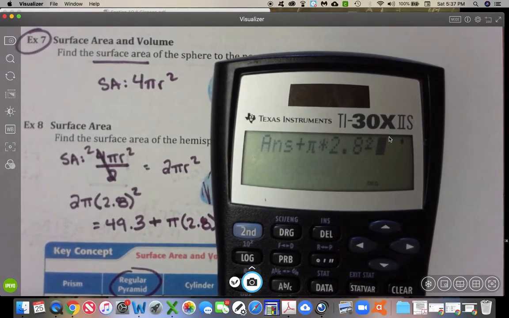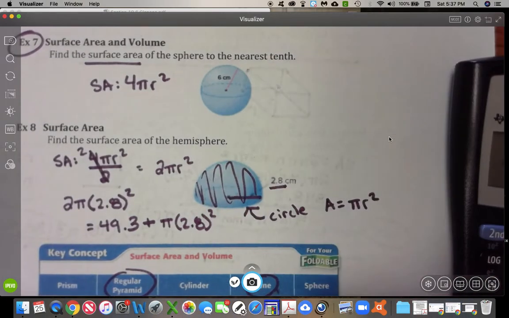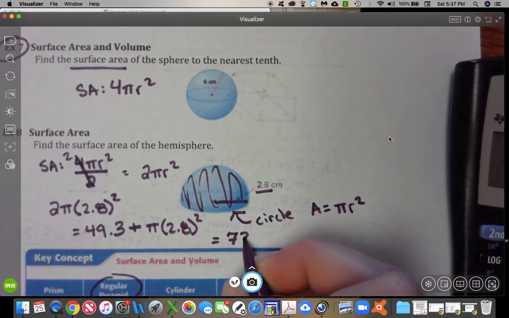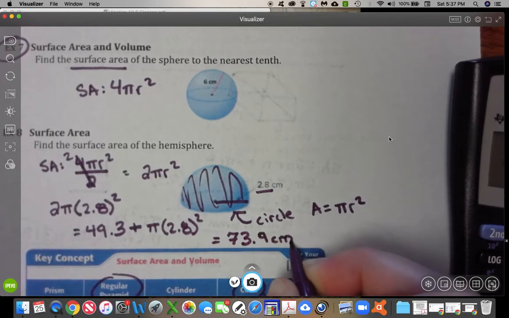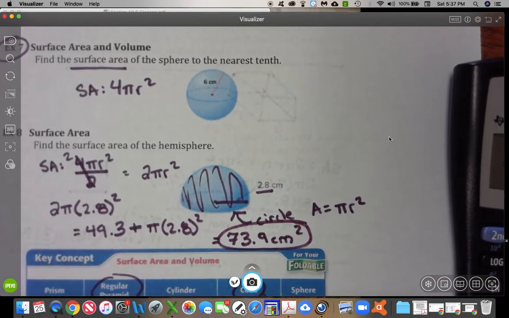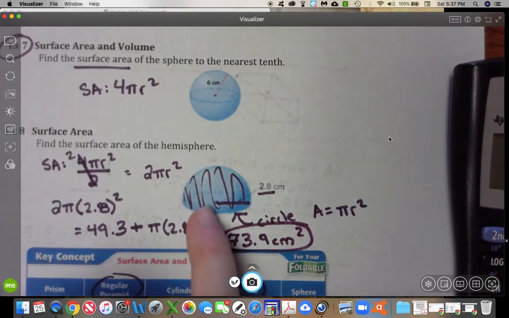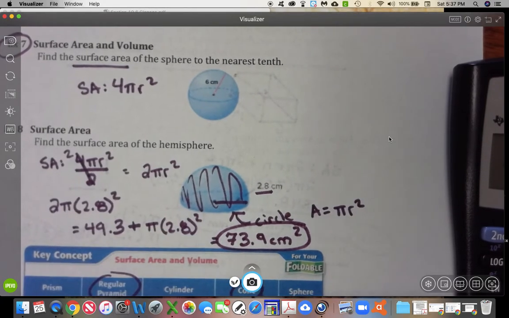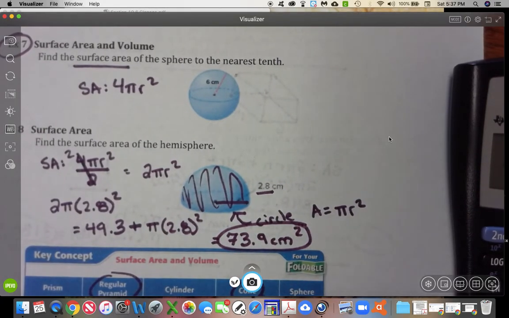And I have 73.9 is going to be my surface area, and that's in centimeters squared, because it's area. Sometimes you might have to do some tricky things and add on. Just think about what your equation is saying and add on if there's a hemisphere or parts missing or parts added. And there we go.